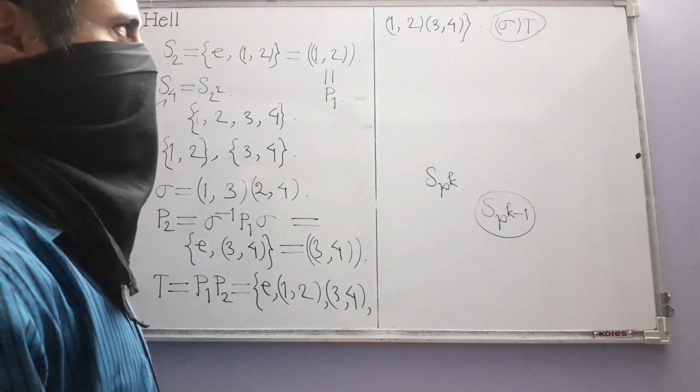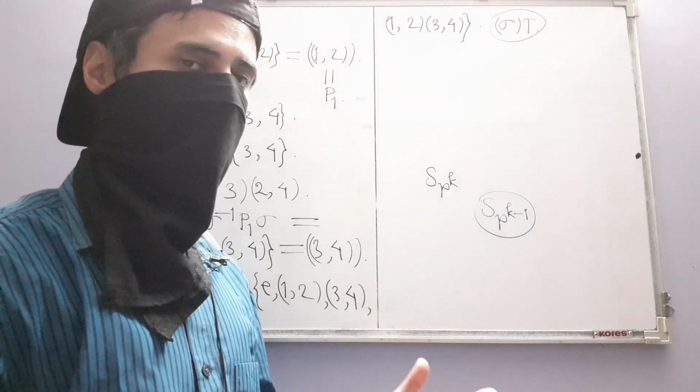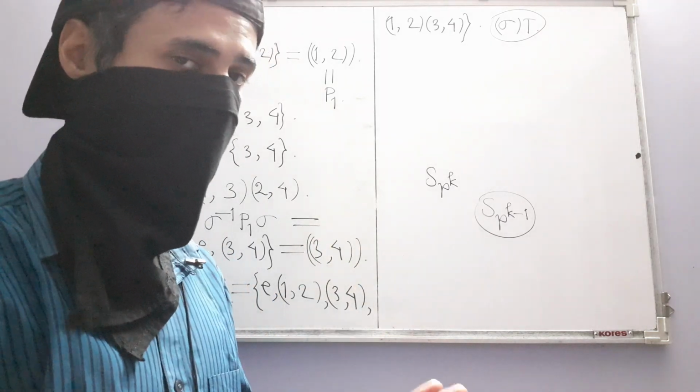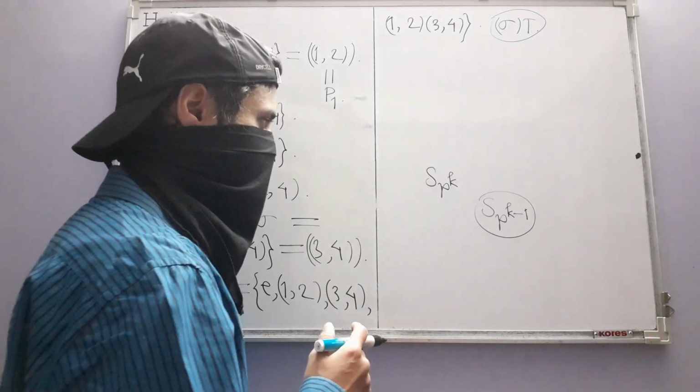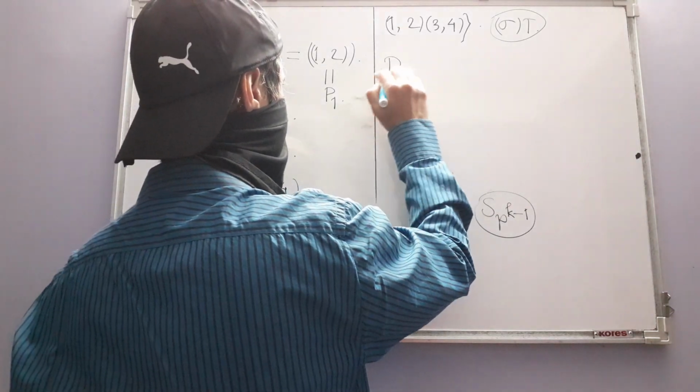So now we are going to see a new definition, which actually is in a sense not new. We have already seen it before, but now we are going to see it formally. It's a relation on a group. So the definition is this.